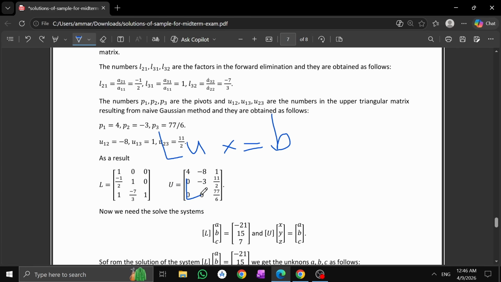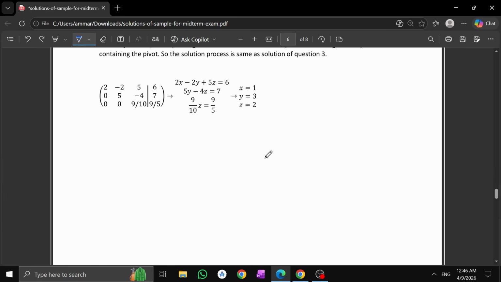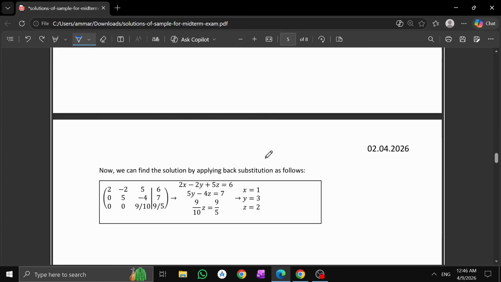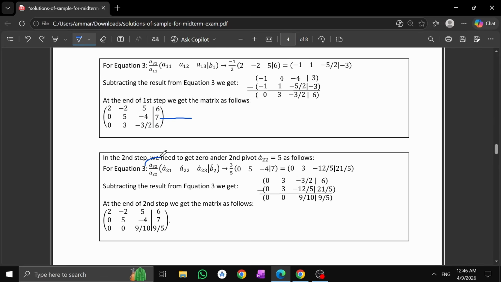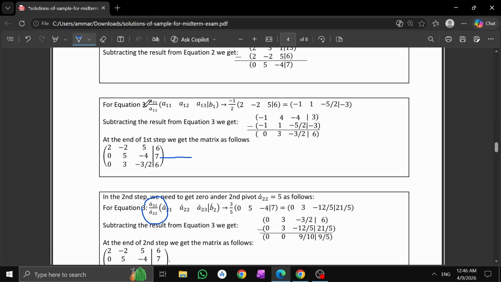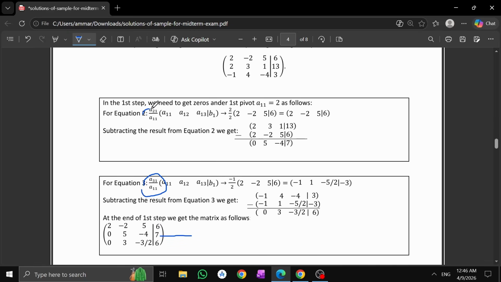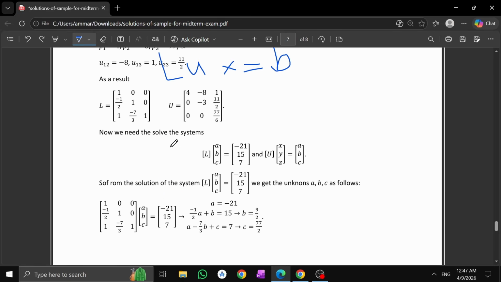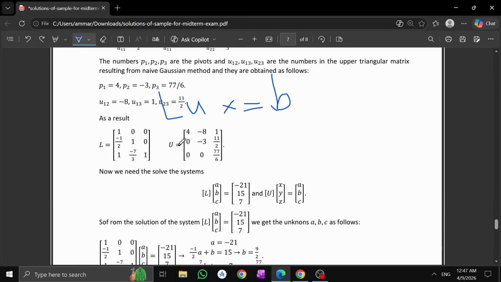After you make these three zeros, do you remember the multiplier we divided by over here? These values are called multipliers. You're going to take these multipliers and put them after you found this. You have the upper already, you solved it before with the elimination.